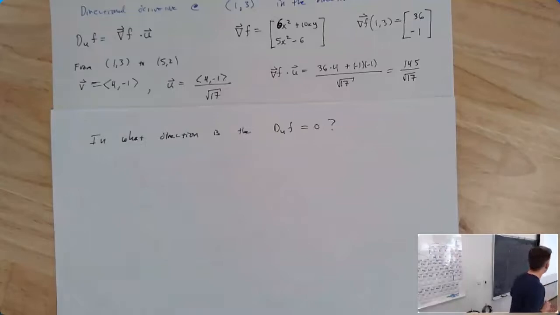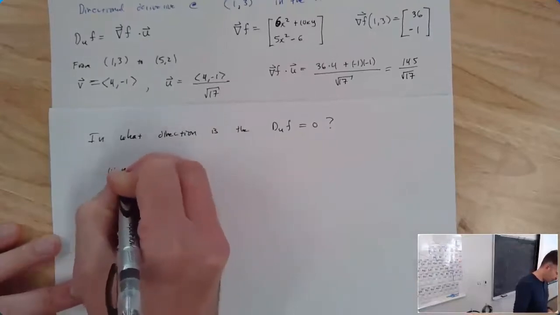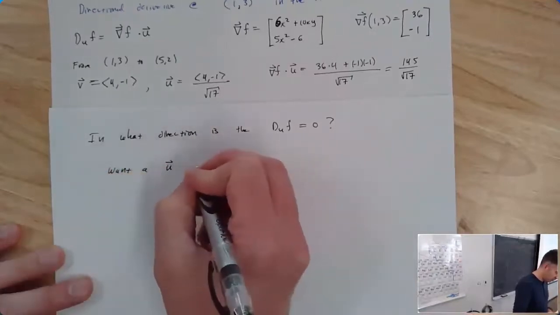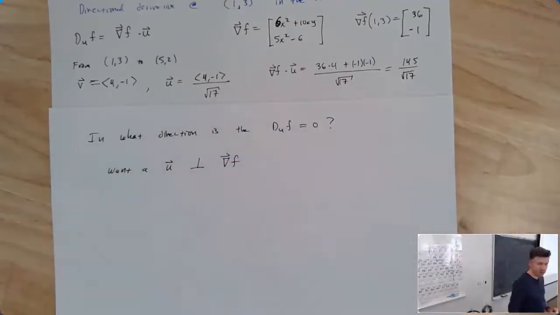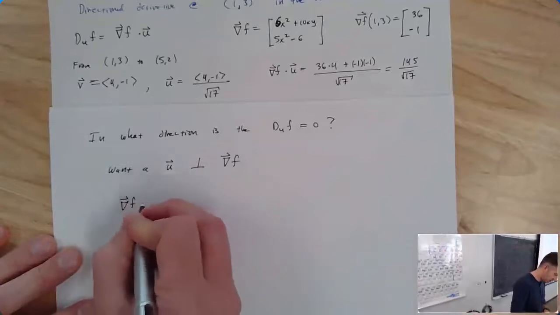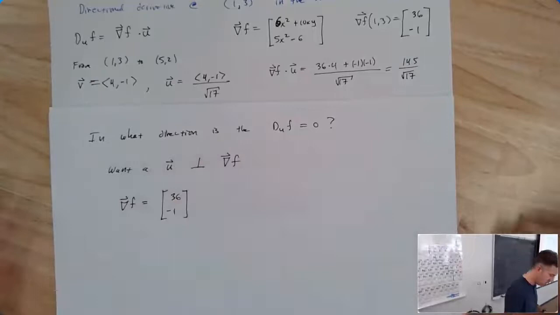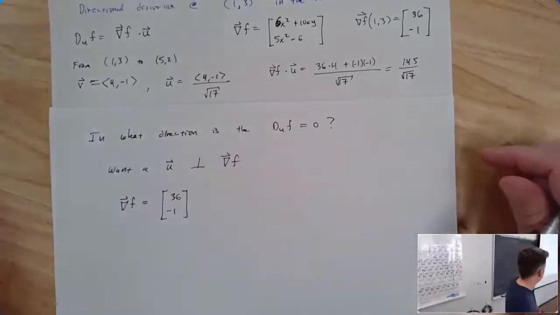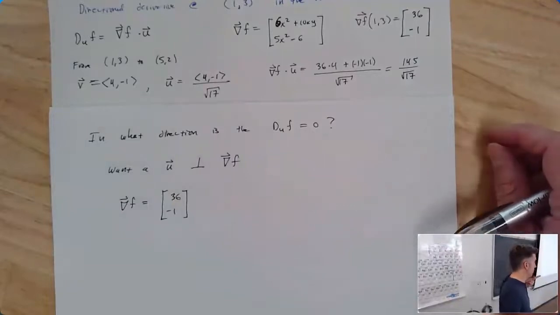The nice thing about this is it's relatively easy to find, because the easiest way of thinking about it is we want a vector u that is perpendicular to the gradient. For vectors in 2 dimensions, it's pretty easy to find perpendicular vectors. If our gradient is equal to the vector 36, negative 1, all you have to do is change the order of the components and change one of their signs.